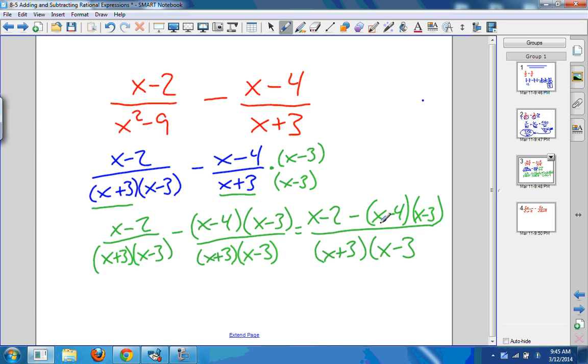So what we're going to do is multiply out these values here. I'm not going to touch my x minus 2 yet. So we have x minus 2 minus all that stuff inside there. If I multiply this out, I can use my square if I want to. x minus 4, x minus 3, that's x squared, and so on.